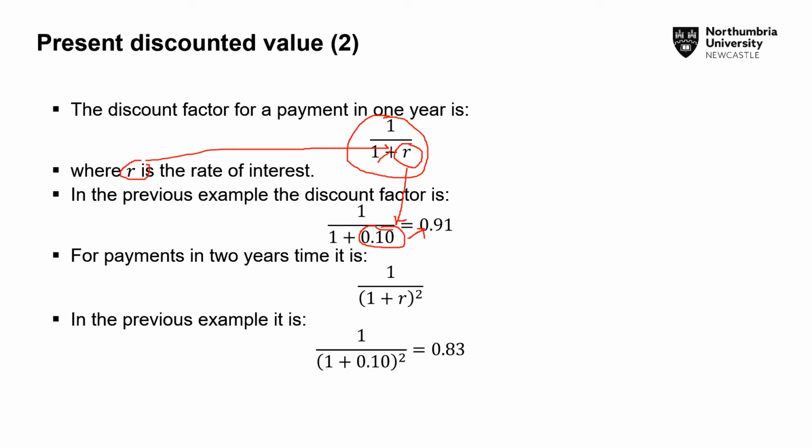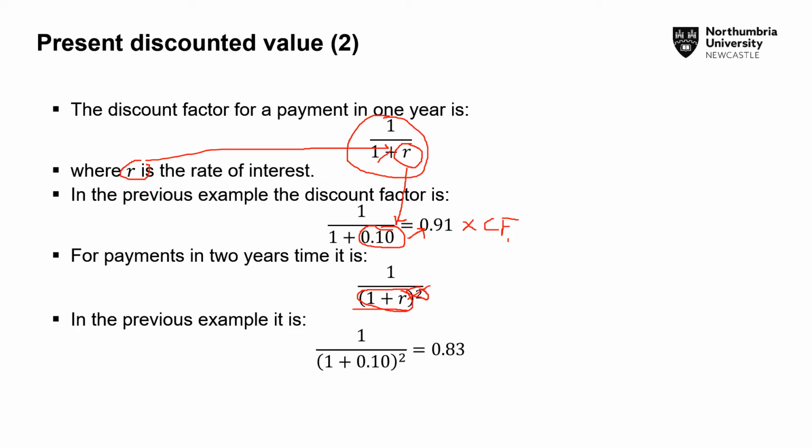Now what we would do is multiply this discount factor by cash flows received a year from now, and we would arrive at the value of today's cash flows. Now let's say we were looking at cash flows from 2 years. What we do is raise this term to the power of 2. If we were looking at the value of cash flows received in 3 years, we would raise this term to the power of 3, and so on.